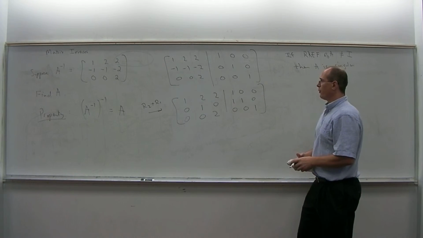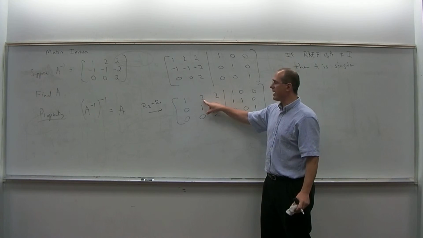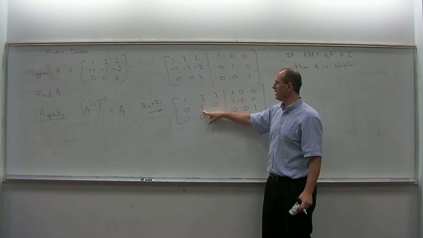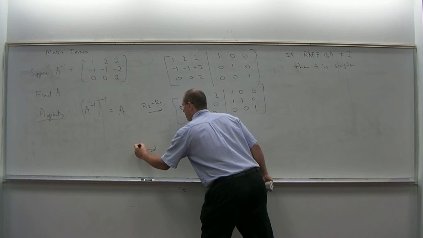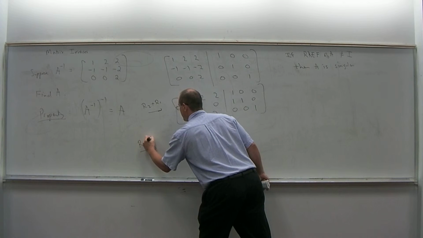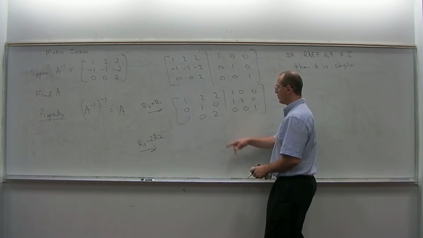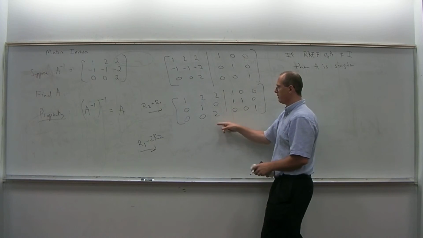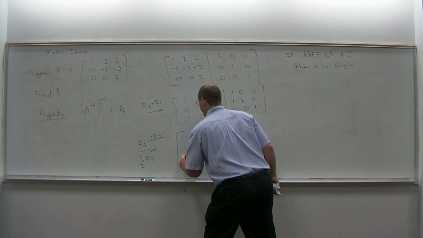And now, since we're looking for reduced row echelon form, I want a 0 above this leading one. So I'm going to do row 1 minus 2 row 2 to zero out that entry. And then while we're at it, we want a 1 here, so let's do 1/2 row 3.